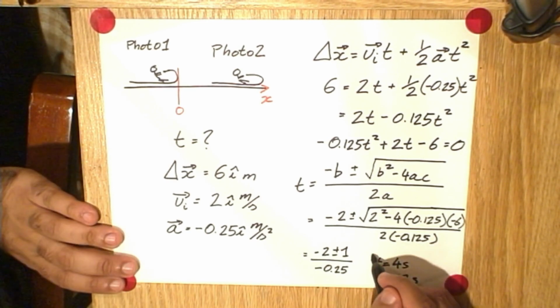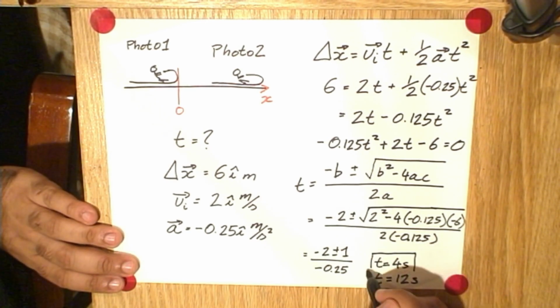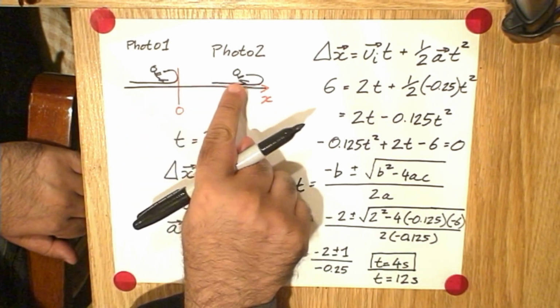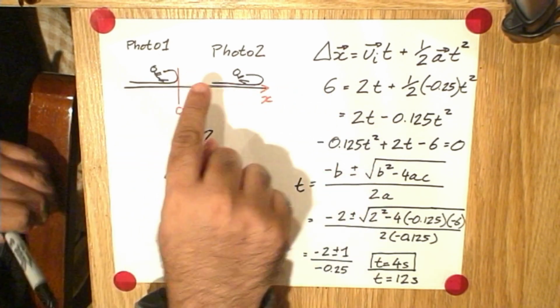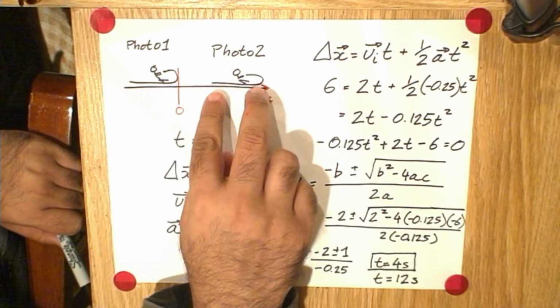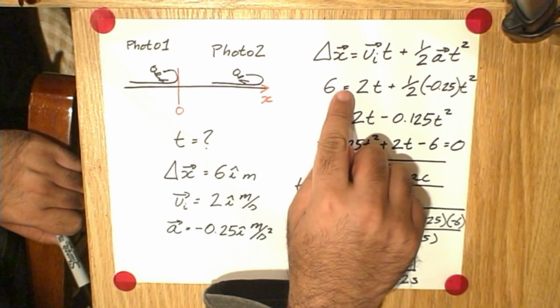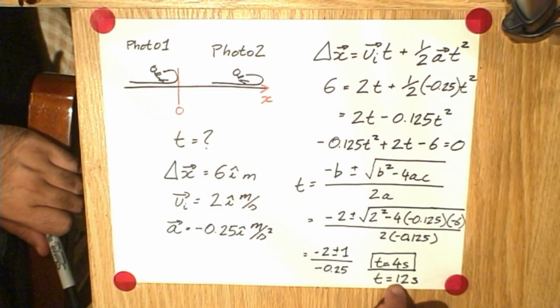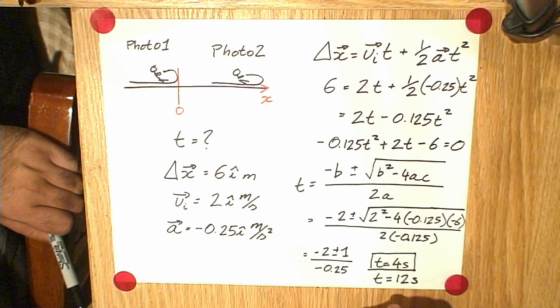In this case, the 4 seconds is correct. The 12 seconds would only apply if the child had eventually kept moving after photo 2 was taken, eventually come to a stop, and then started moving backwards. So t equals 12 seconds is a solution that makes mathematical sense, but it's not one that makes physical sense.